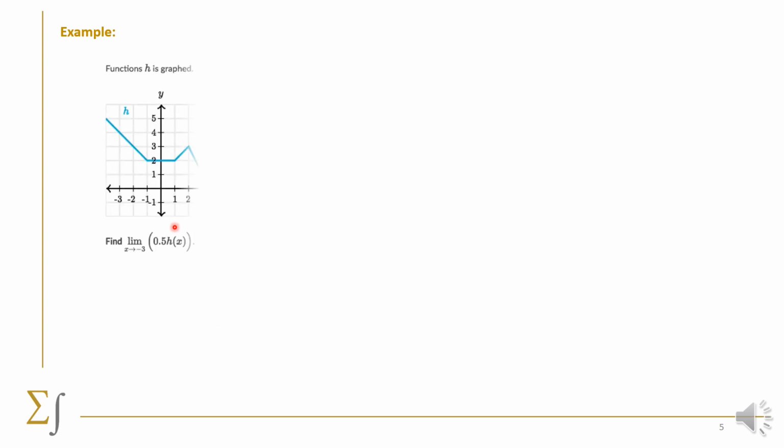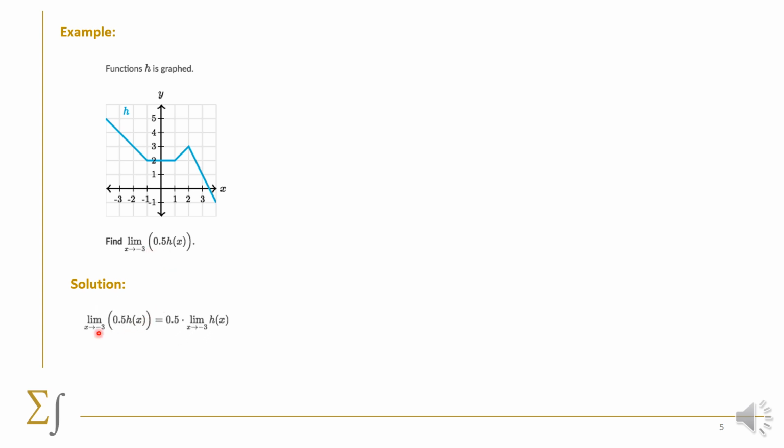We start with example 1. We give you the figure of the graph of the function h, and we ask: if we multiply h by half and take the limit as x goes to minus 3, what will happen? You simply say the constant comes outside the limit, and we take the limit of the function itself and then multiply by this constant.